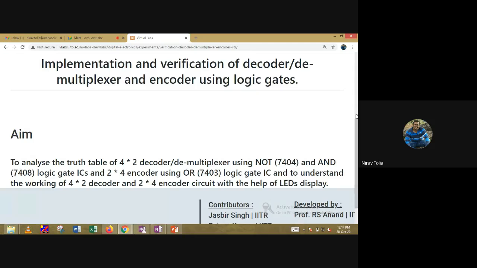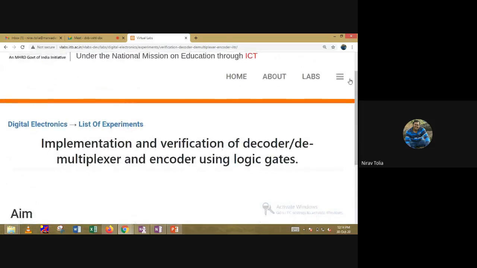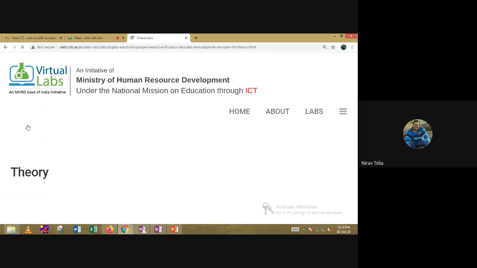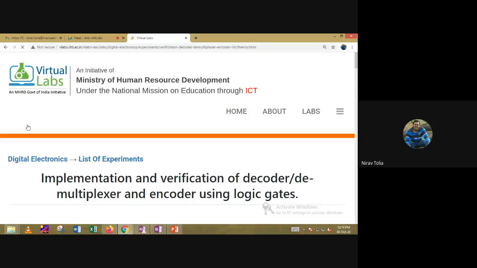So let's move to the theory session. Again, we have to learn what is actually an encoder and what is actually a decoder.